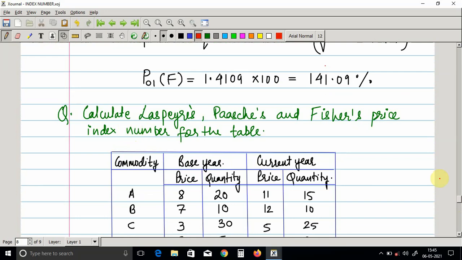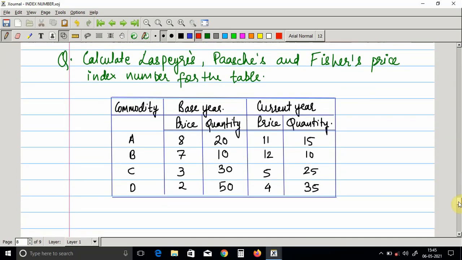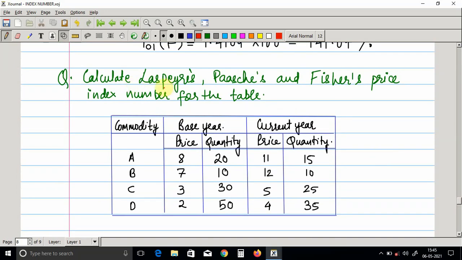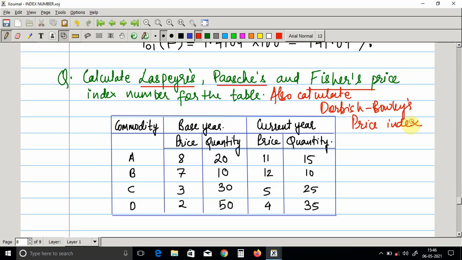Now after this I have this question. Calculate Laspeyres, Paasche, Fisher index number for the table, and also calculate Dorbish-Bowley's price index number.